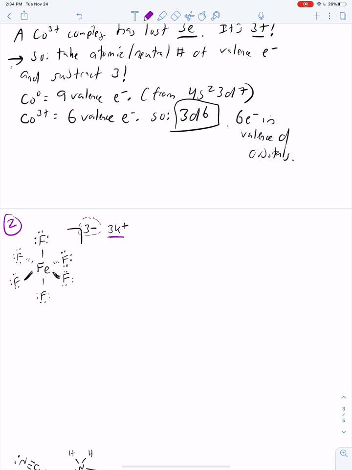These potassium ions are just hanging out to balance the charge. The 3- is describing the charge of the actual transition metal complex. And so we have -3 is equal to ligand charge plus metal oxidation state.